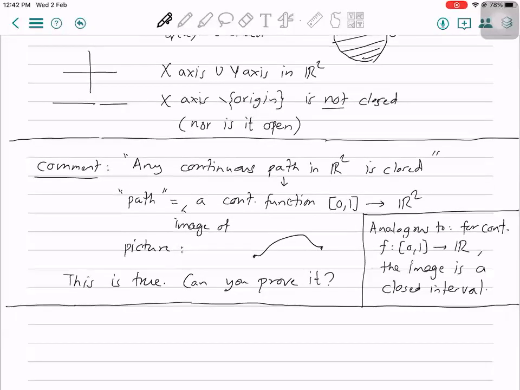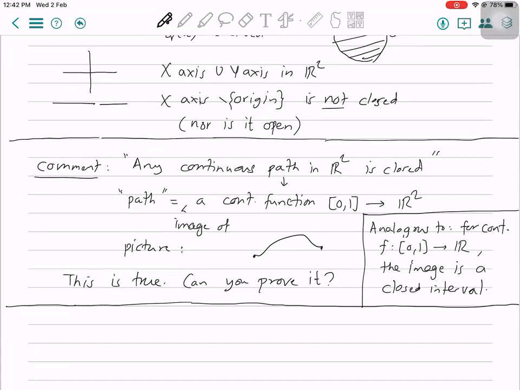Is this closed interval just the interval from f of 0 to f of 1? No, it can reach maximum and minimum. So you see, it's not that straightforward. And so instead of closed interval, you're saying closed set.